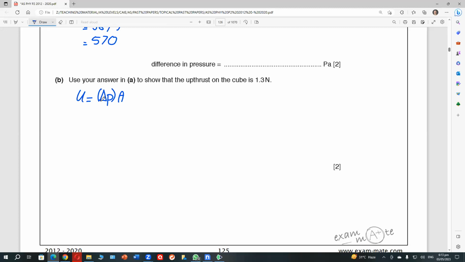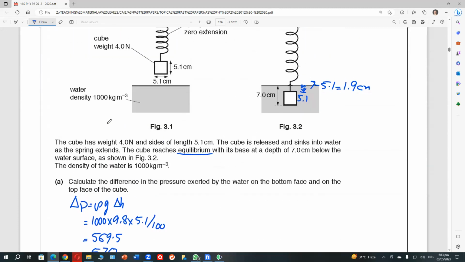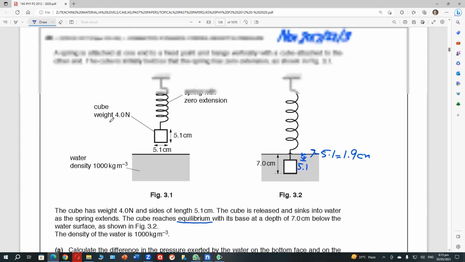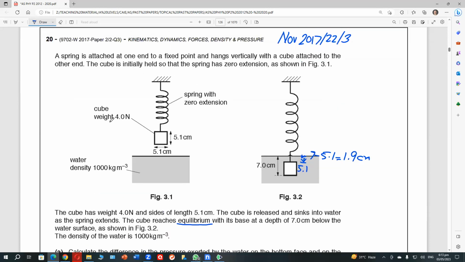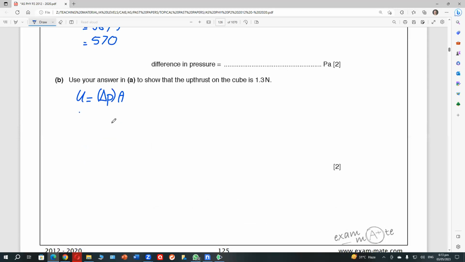How do we find the area? 5.1 squared. It's a cube, so all dimensions are equal.